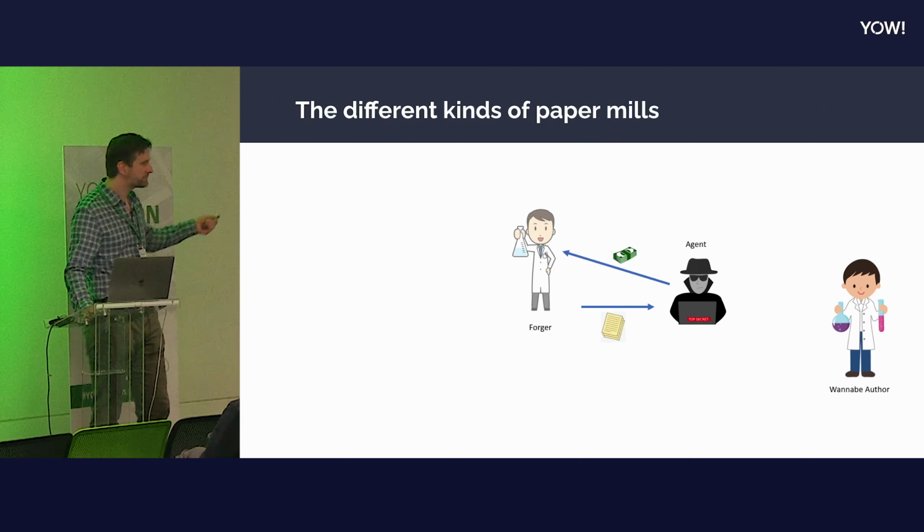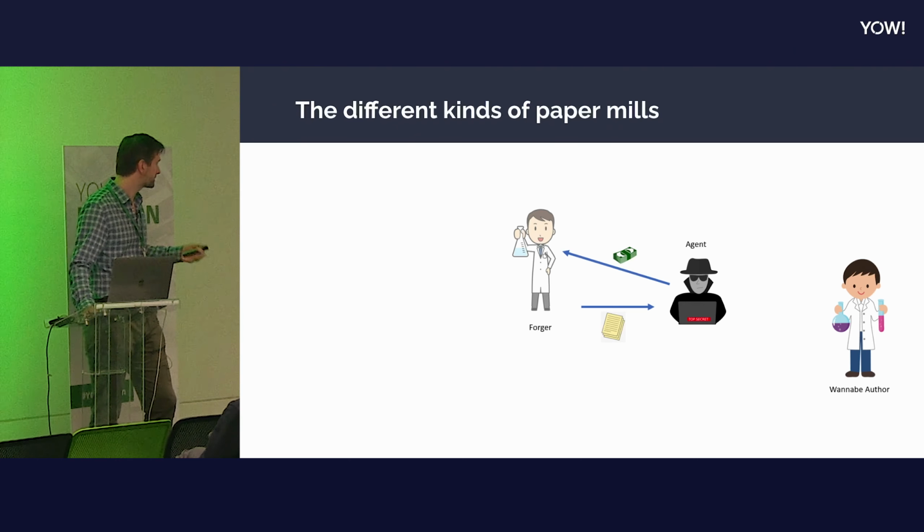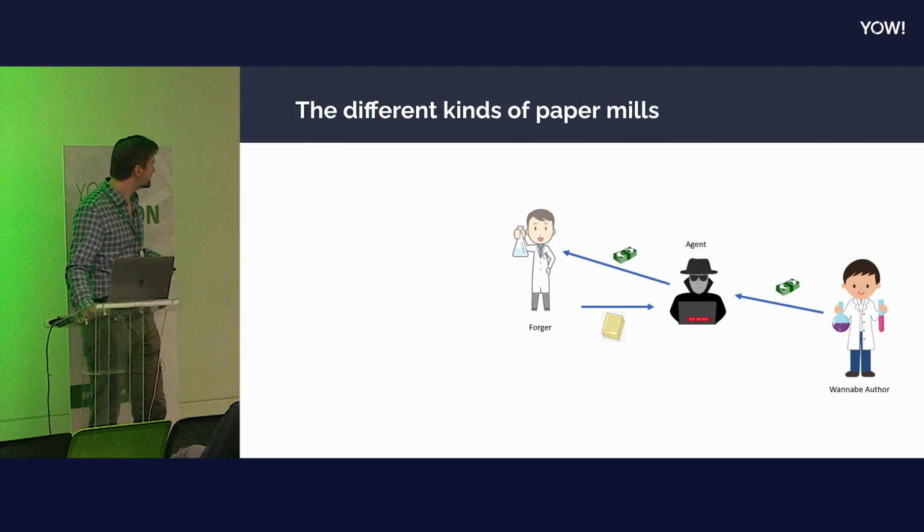Maybe this person has a career incentive to become an author. They have to publish a paper in order to graduate or become a doctor, something like that. And they might not have the resources to do it either. They might not have the money, or the English language writing skills. So they just pay some money to the agent. The agent puts their name on the fake paper, and they send it off to a journal to get published.